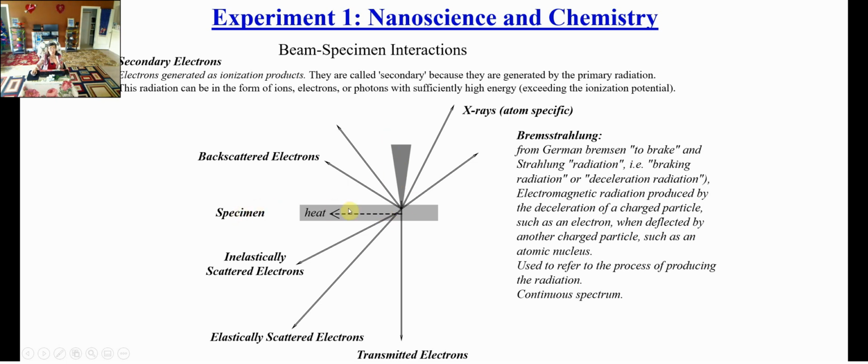Your sample is going to absorb some of the electrons, causing the temperature to increase. The incident electron, the incoming electron, will be bounced back. You call it the backscattered electron. Some of the electrons can be emitted from your material itself. You call them secondary electrons.